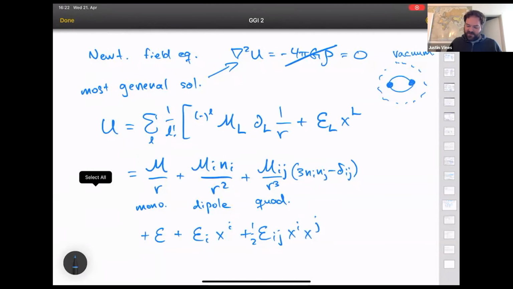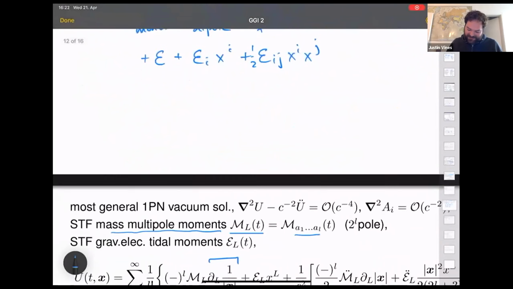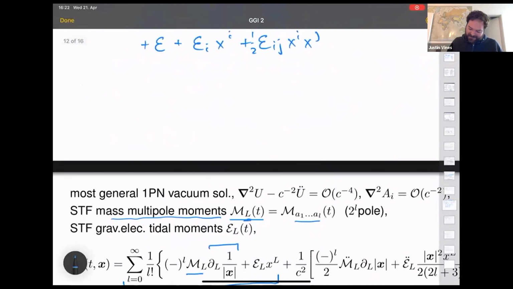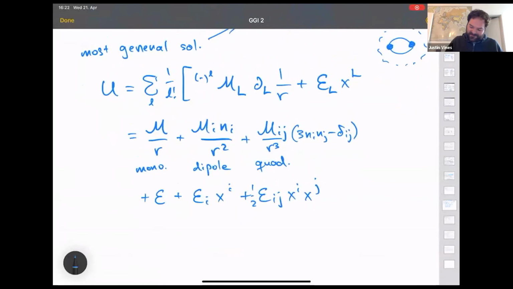It's a lot of notation to take in, but this capital L is a multi-index, which stands for little l number of indices. When we write this D_L, we mean D_A1 up to D_AL, and similarly for powers of the vector x.